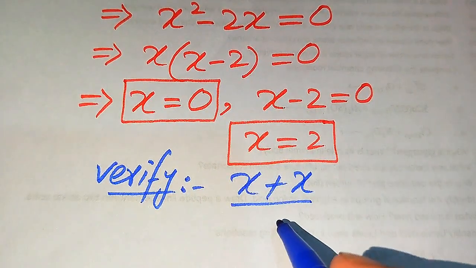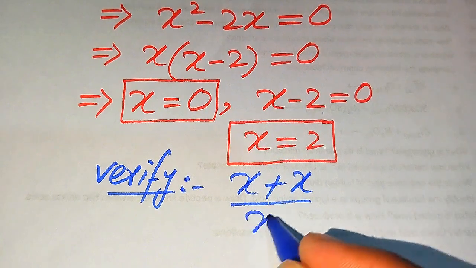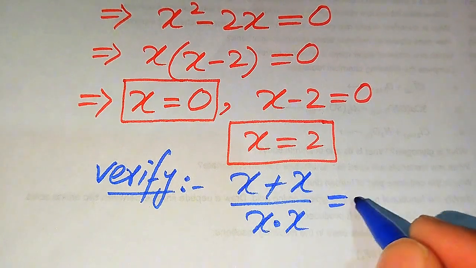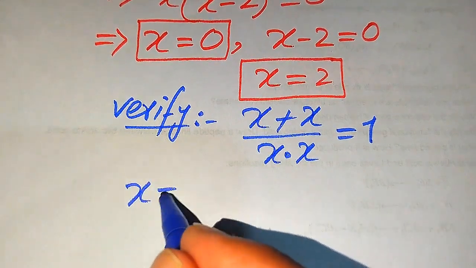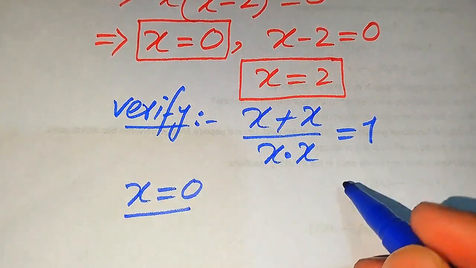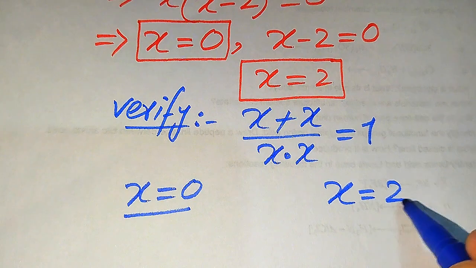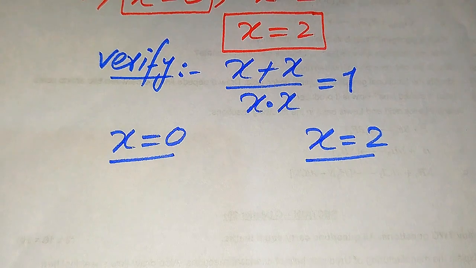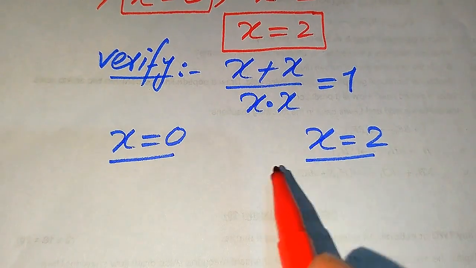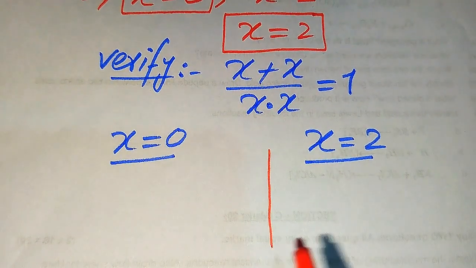Here it is x plus x divided by x multiplied by x is equal to 1. On this side we will verify x is equal to 0, and on this side we will verify x is equal to 2. In the next step, we need to substitute both of these values into the given question statement.